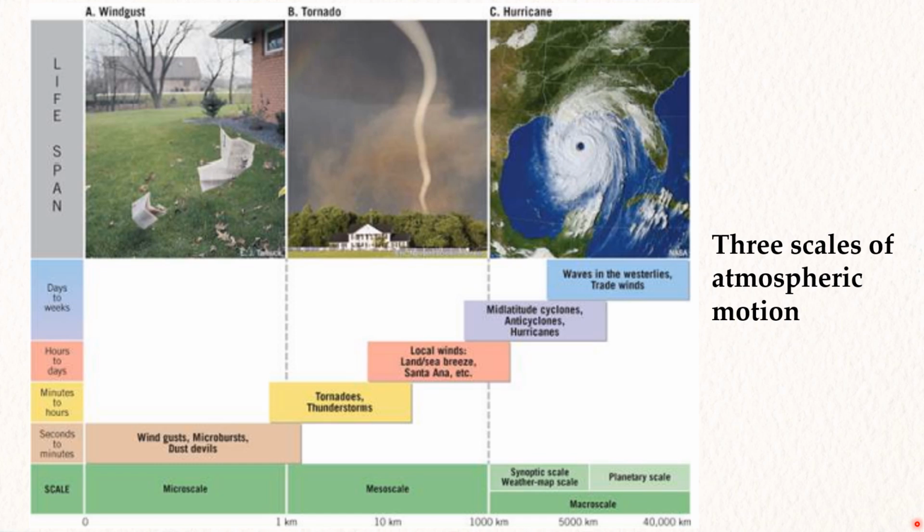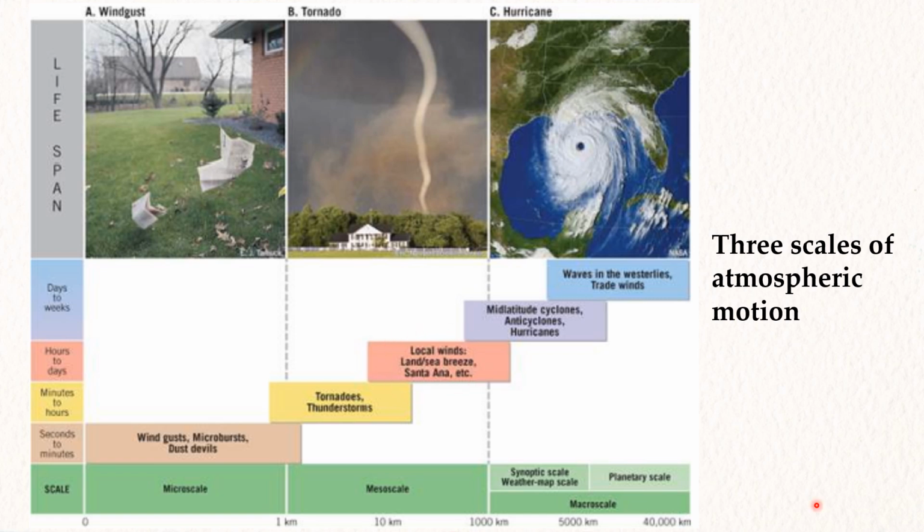However, in the second picture, we have what we call the tornado under the mesoscale. For the lifespan, it lasts from minutes to hours, because this is a little bit bigger than the microscale. Another example of the mesoscale that lasts hours to days are the local winds, which we're going to talk about in later slides.